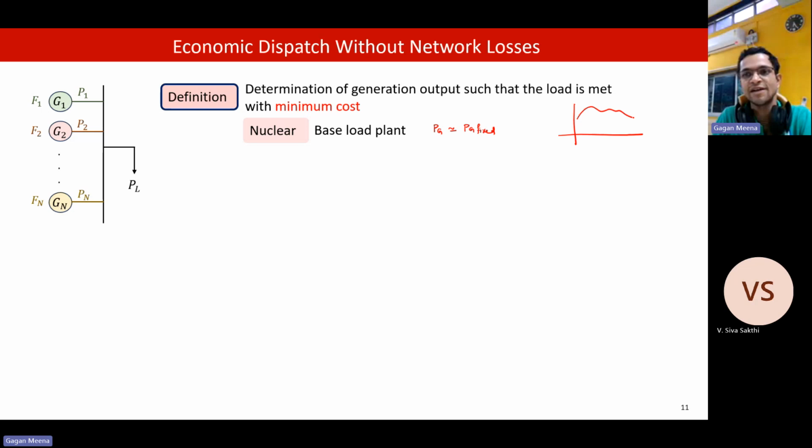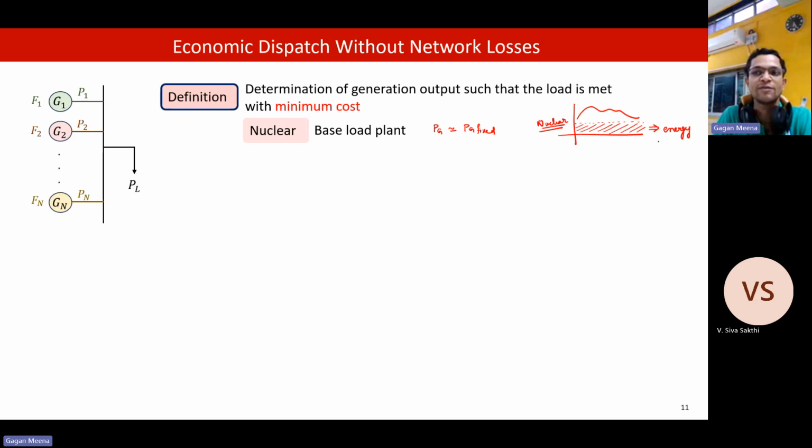If we have such a demand curve, let's say, because nuclear generates an almost constant level, its output is almost constant. So this part of the curve, this rectangle, is the total area, meaning energy over, let's say, 1 day.